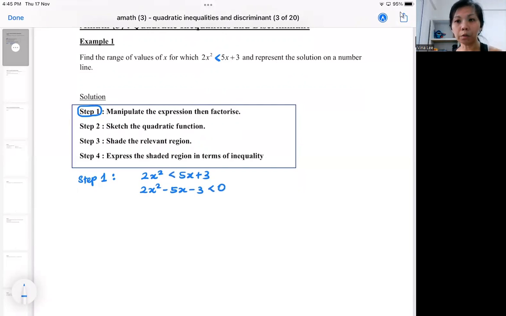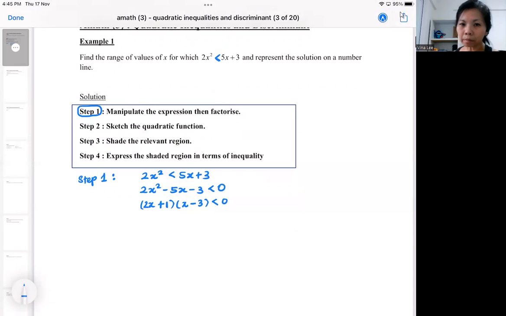Okay, you move everything over, then you will be able to factorize from here. So the factorization is like your Sec 2 factorization. There's no change in this. So that is my first step.